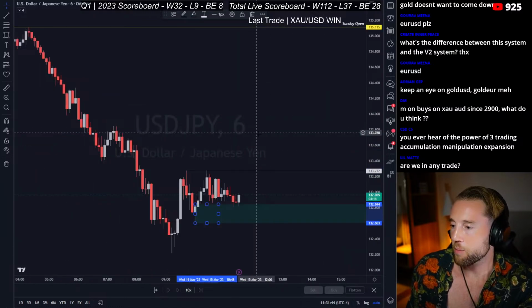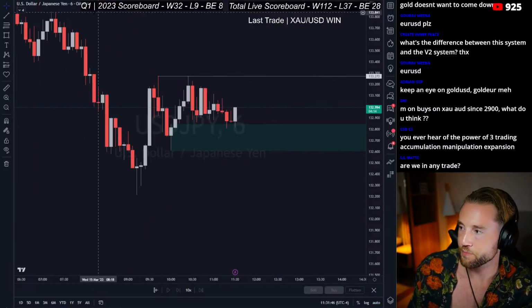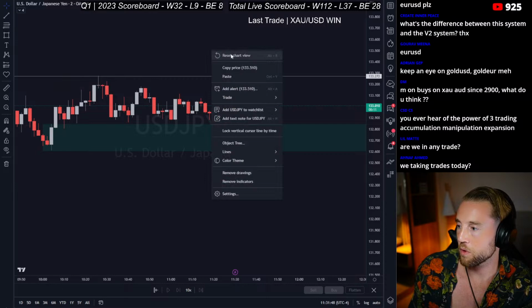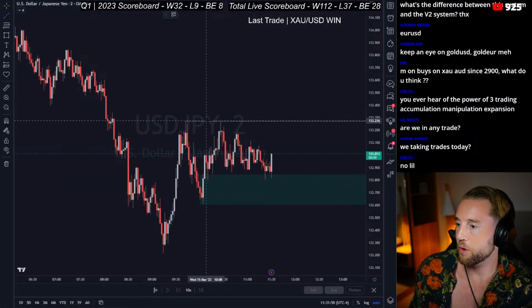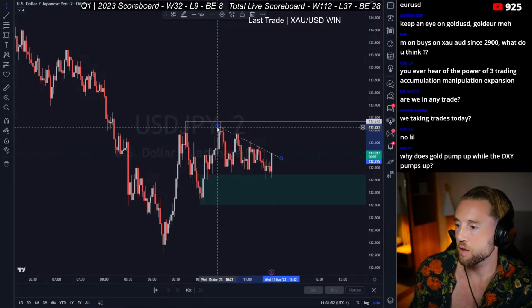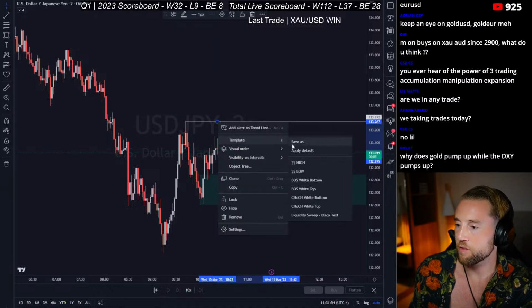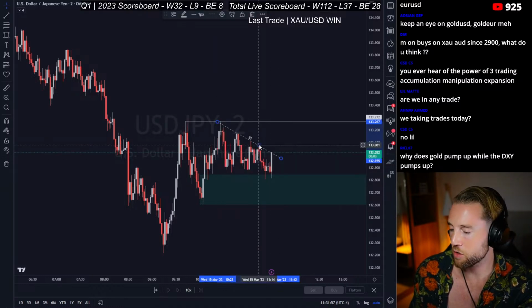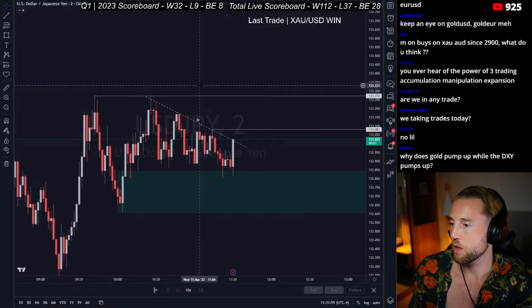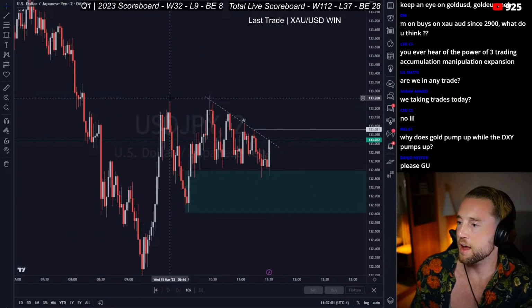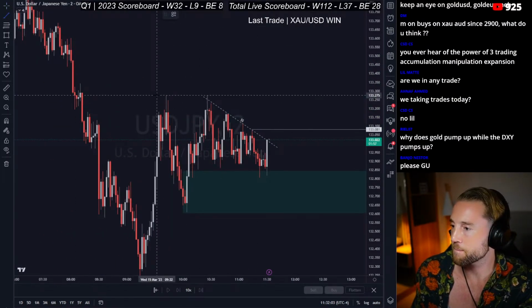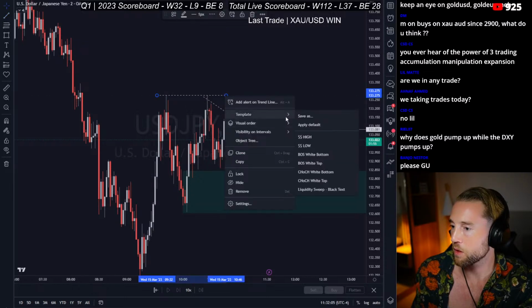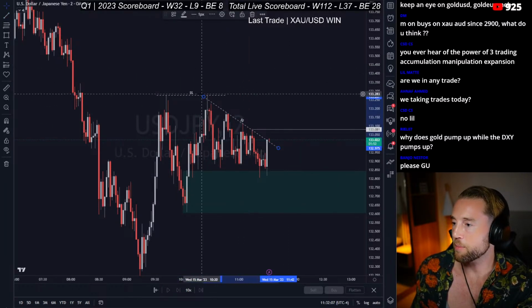We're bouncing from probably this zone. And now we're building a lot of liquidity to the upside. It's actually very interesting. There is some more volume coming in now. Okay, this is actually nice. I like it. We have equal highs there. Equal highs built up there as well.